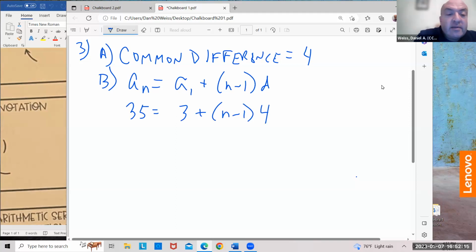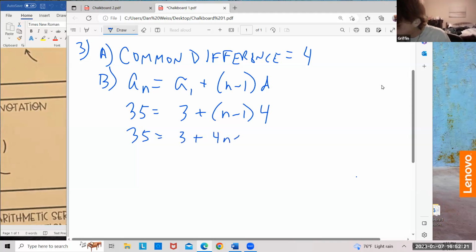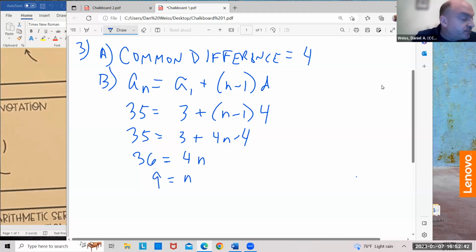You have 3 plus 4n minus 4. Put those together, you get negative 1. Then add that to 35, and now you have 36 equals 4n. Divide that by 4, and you get 9. So n equals 9. There are 9 terms.